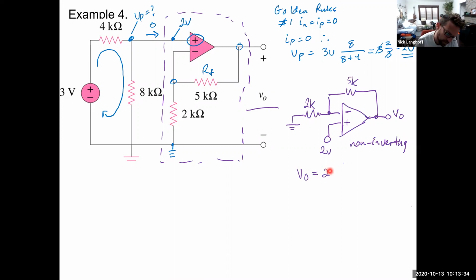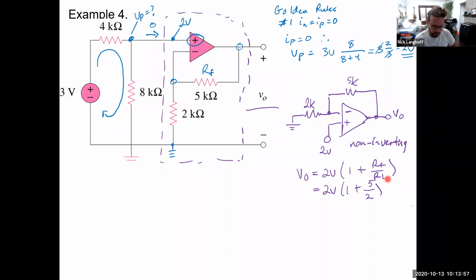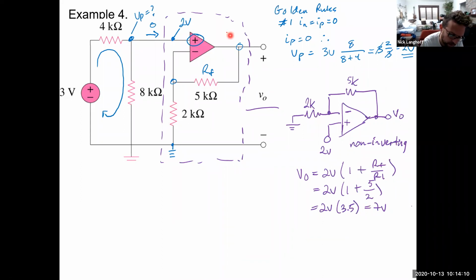It's going to be the input voltage, the voltage provided to the non-inverting terminal, times 1 plus RF over R1. That's 2 volts times 1 plus 5K over 2K, and 5 over 2 is 2.5. So that's 2 volts times 3.5, which is equal to 7 volts. Okay, so the answer is that this is 7 volts.